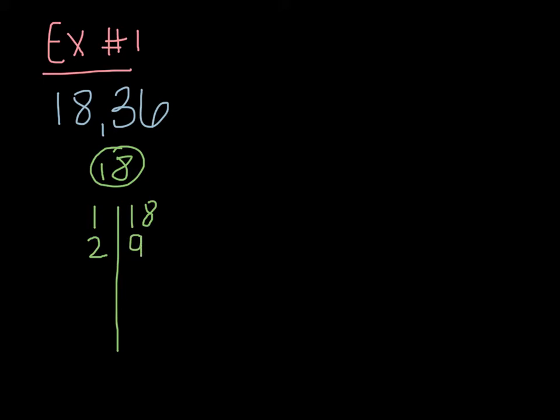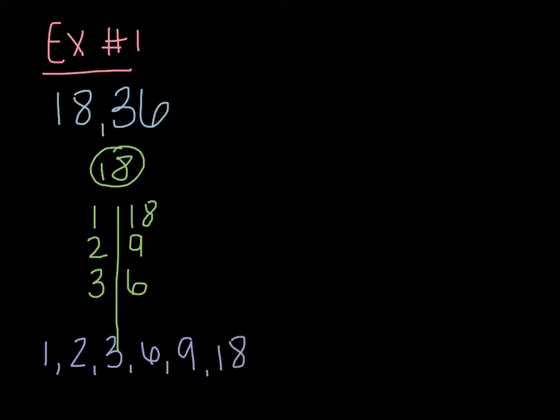We know it's divisible by 3 because 1 plus 8 equals 9. 3 times 6 equals 18. And those are going to be our factors for 18. So I'm going to go ahead and list those out so it'll be easier for us to see. So we have 1, 2, 3, 6, 9, and 18.